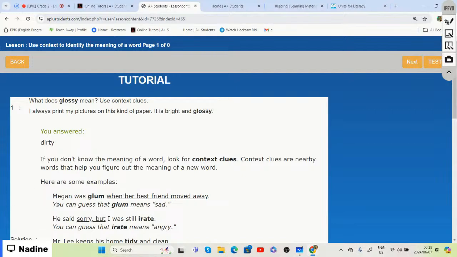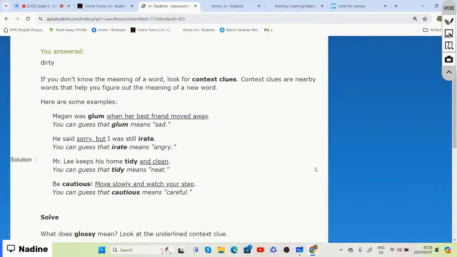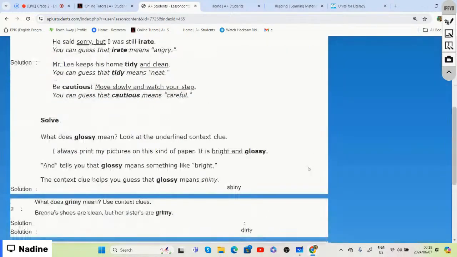All right. So we said, what does glossy mean? I always print my pictures on this kind of paper. It is bright and glossy. So we need to say what glossy is.